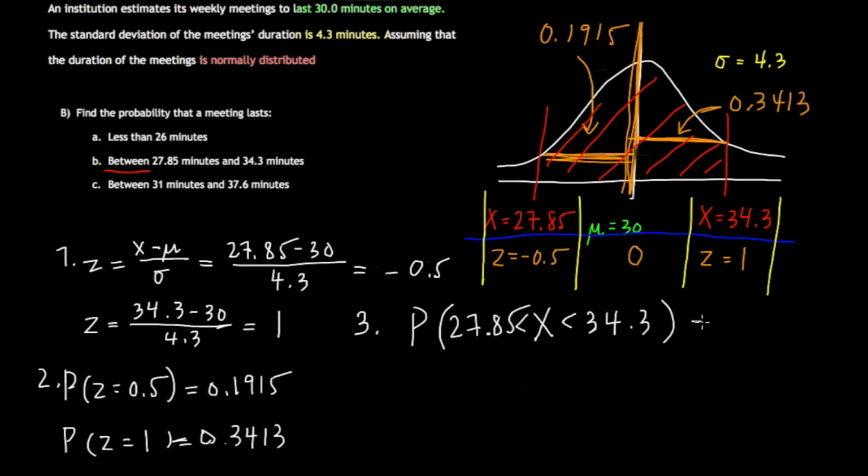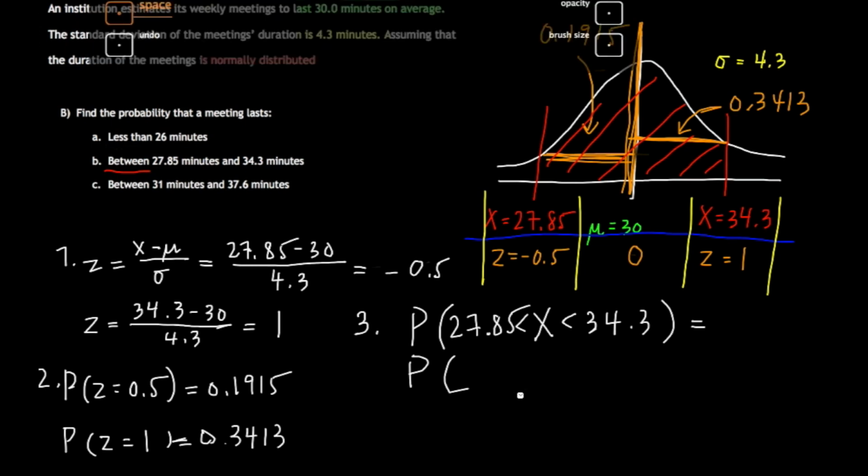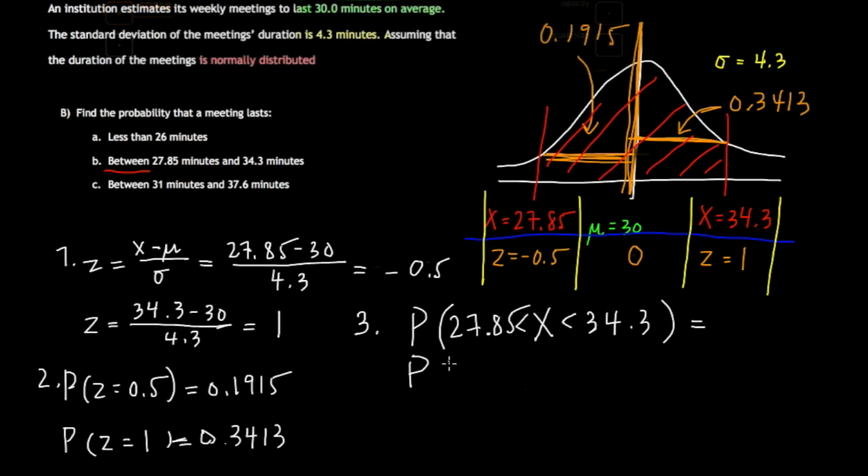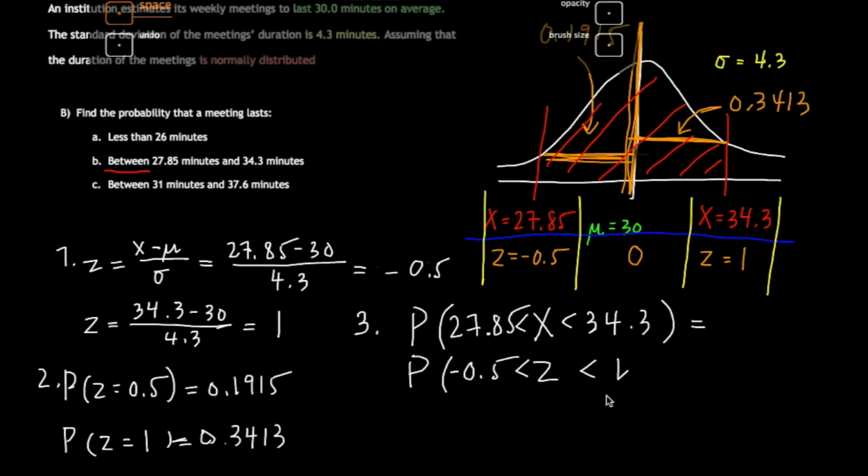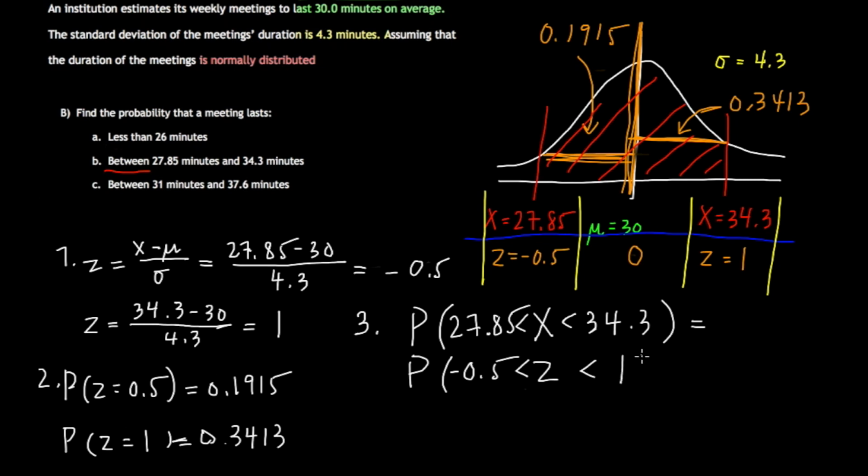We can also write this out for the z-score layer, which would be a probability that our z-score is greater than negative, don't forget that, 0.5, and less than 1.